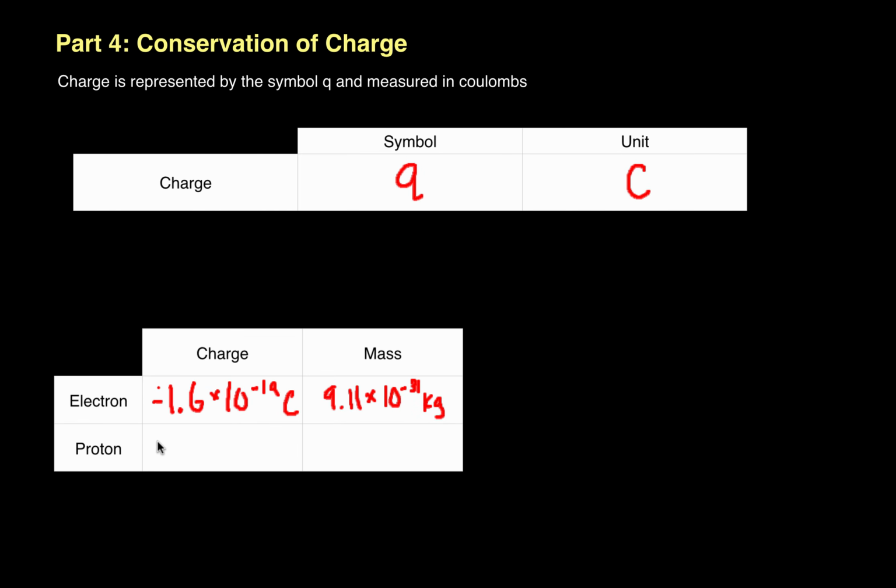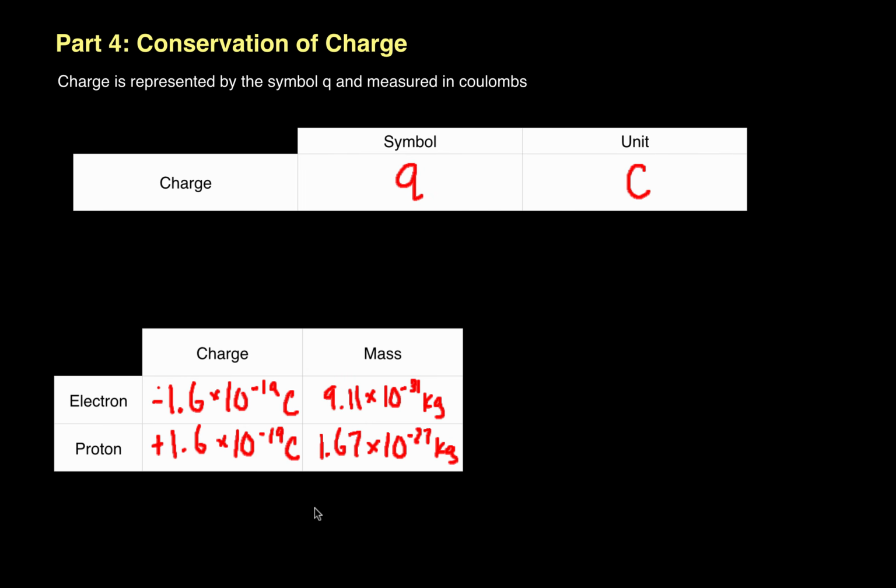The proton is positively charged, same charge as the electron, but opposite in sign: 1.6 times 10 to the minus 19 coulombs positive. However, the proton is much, much heavier than the electron. Well, the electron had a mass of 9.11 times 10 to the minus 31. The proton's mass is 1.67 times 10 to the negative 27 kilograms.